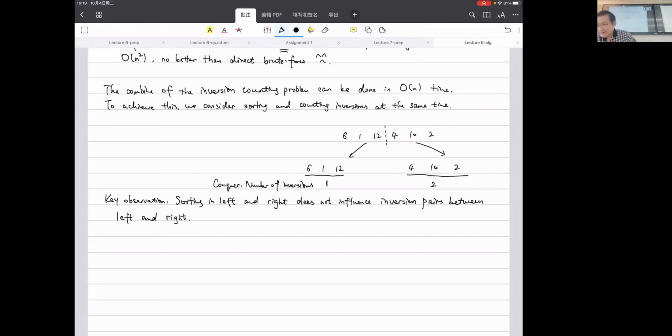What do I mean by that? Just imagine that here it is sorted, for instance 1, 6, 12, and here it is 2, 4, 10.